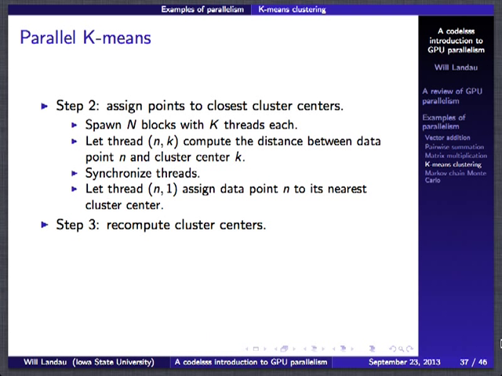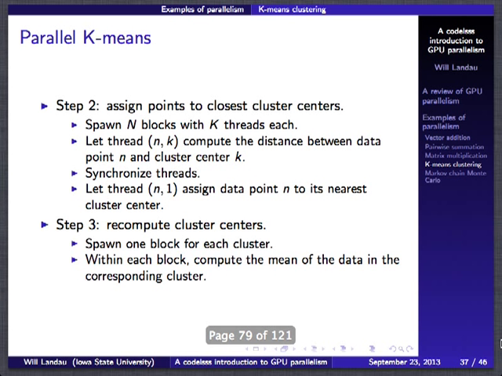Now step 3 is recomputing cluster centers, and that also can be done in parallel. So what you do is you spawn one block for each cluster, and then within each block you compute the mean of the data in the corresponding cluster. Each block does a pairwise sum on each coordinate of your points.